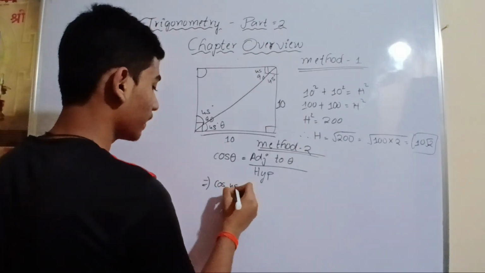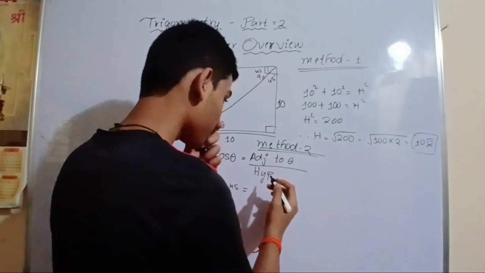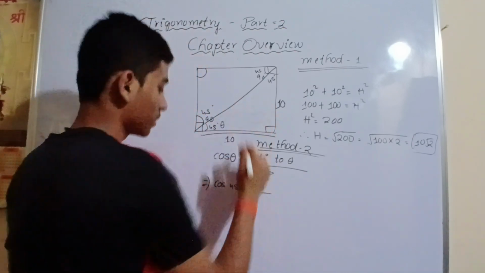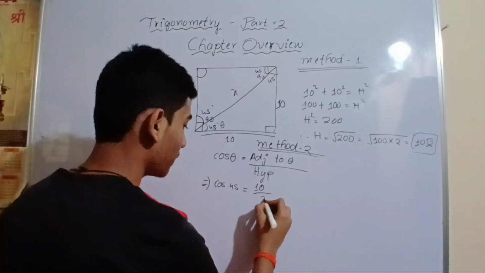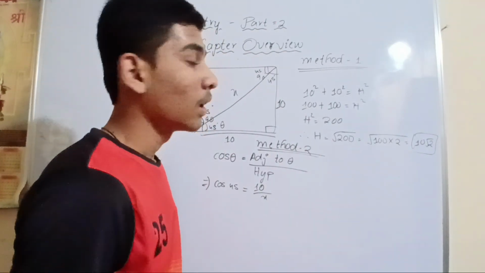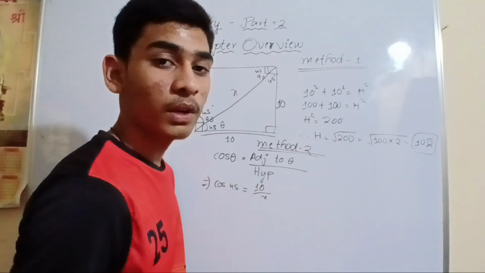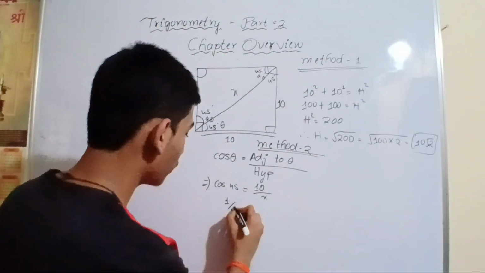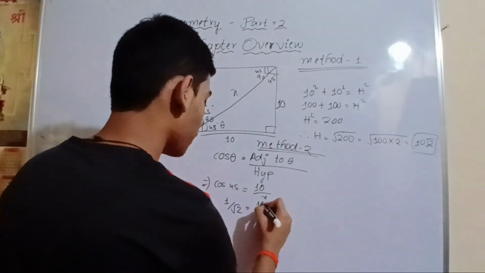So cos 45 is going to be, what's the adjacent? 10 by, what's the hypotenuse? It's not given. Let's take it x, so 10 by x. What's the value of cos 45? Cos 0 is 1, cos 30 is root 3 by 2, cos 45 is 1 by root 2. So 1 by root 2 equals 10 by x.